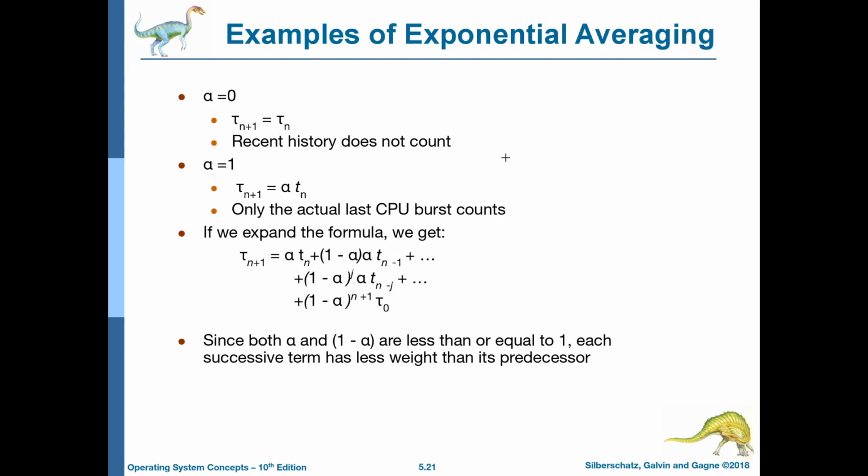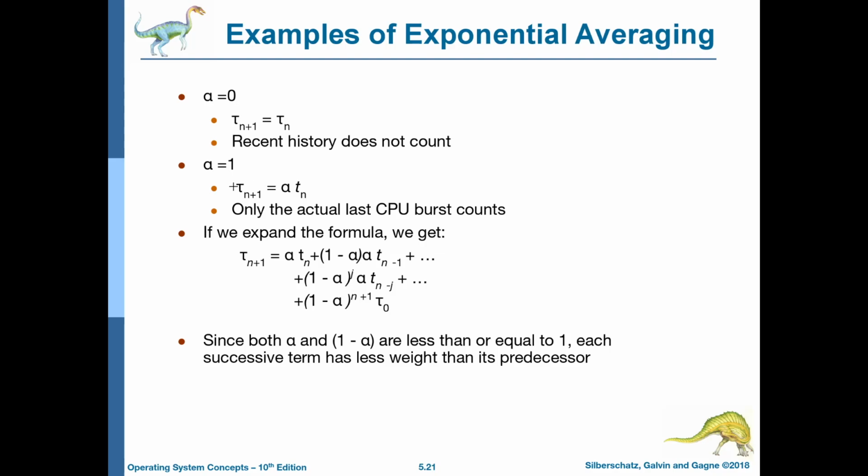So again, some examples of exponential average. If our alpha is 0, then it really doesn't consider recent history. Recent history doesn't even enter into it, and all it's doing is using the previous guess every single time. So with alpha 0, it never really adjusts.